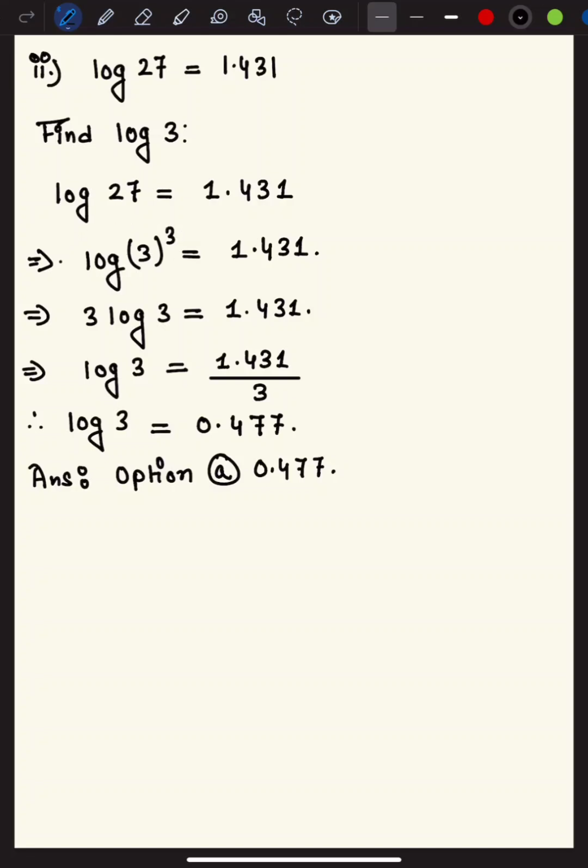This 3 comes to this side, which implies 3 log 3 is equal to 1.431, which implies log 3 equals what? 1.431 divided by 3, because this 3 is multiplied to log 3 on the left hand side, so when it goes to the right hand side, it will be divided. Got it? Therefore log 3 equals 0.477, which is option A.